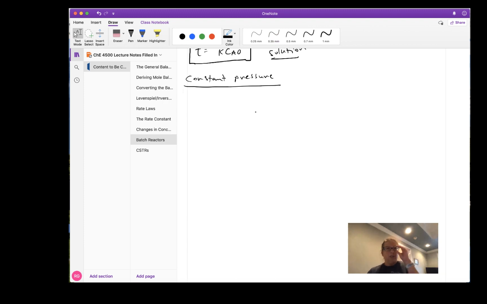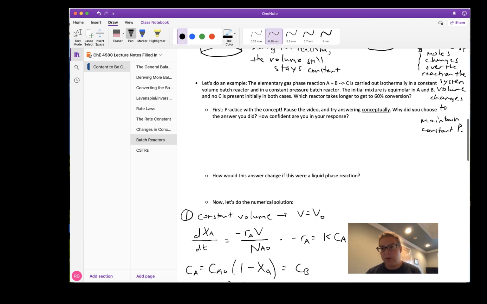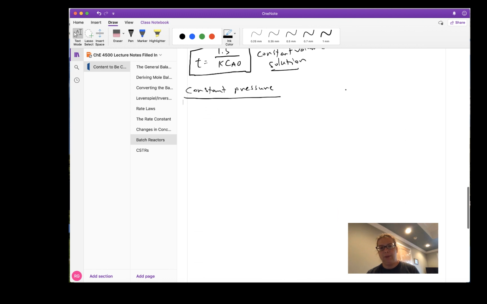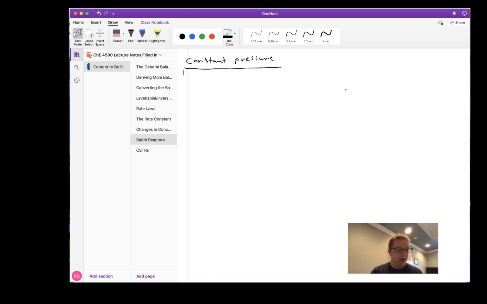In the constant pressure case, if we go back and look at the reaction that we're solving, A plus B goes to C. On the reactant side of the reaction, there are 2 moles, and those react to form 1 mole on the product side. So the number of moles is decreasing over the course of the reaction. Because of that, if we want to maintain constant pressure, that means that the volume is going to change.